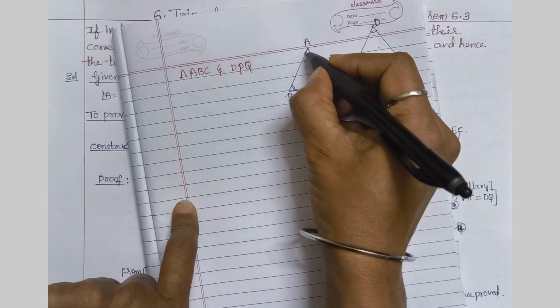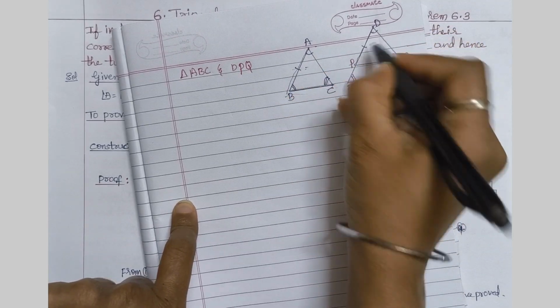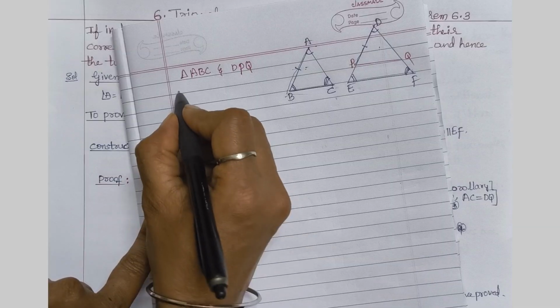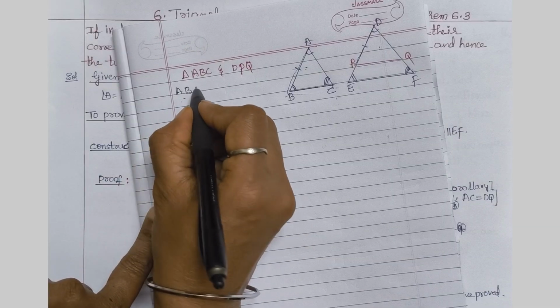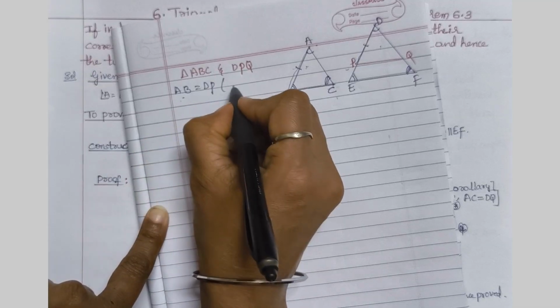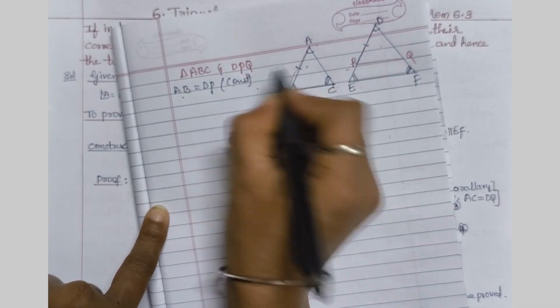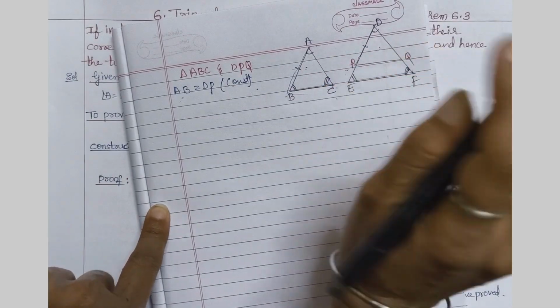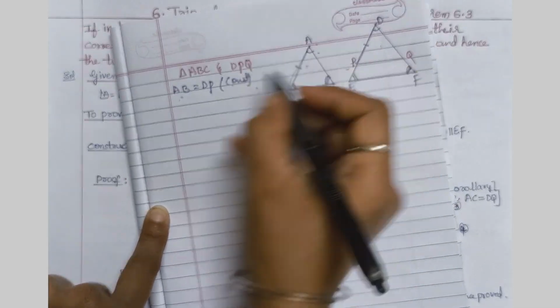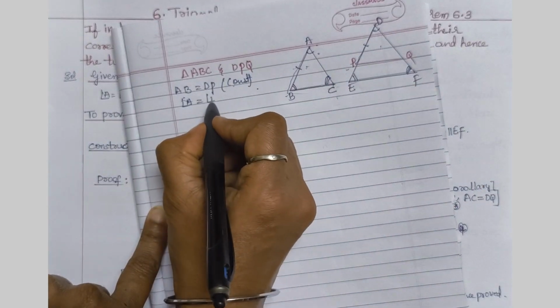Now see here, AB measurement and DP measurement are the same. You can write AB equal to DP. What is the reason? By construction, both are equal. Next, angle A equal to angle D. What is the reason?